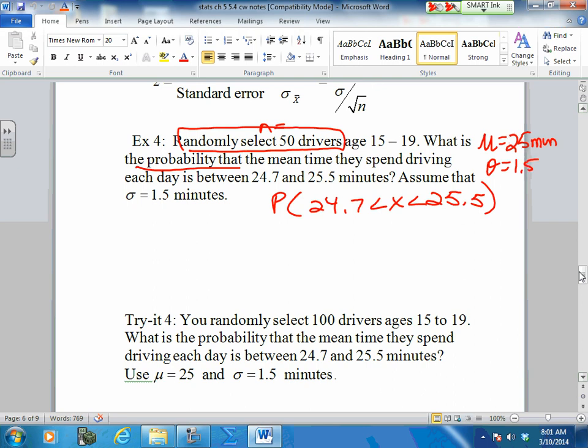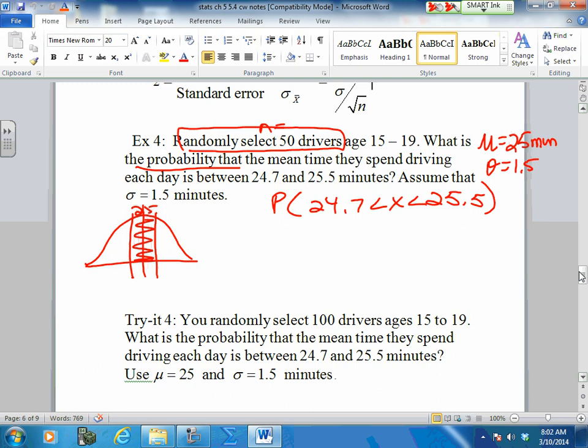We do this exactly the same way that you did your other one. So when we do a between, we graph, and then we spread it a little wider so this way we can see everything. So 24.7 to 25.5. We want the probability in the in-between. Now, I'm going to show you on the formulas, and then I'm going to show you in the calculator, because you can still do this in your calculator.